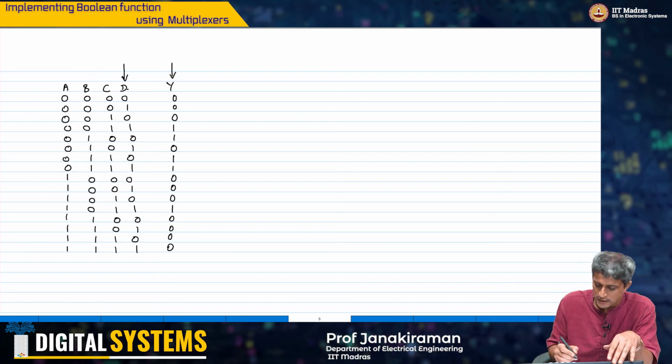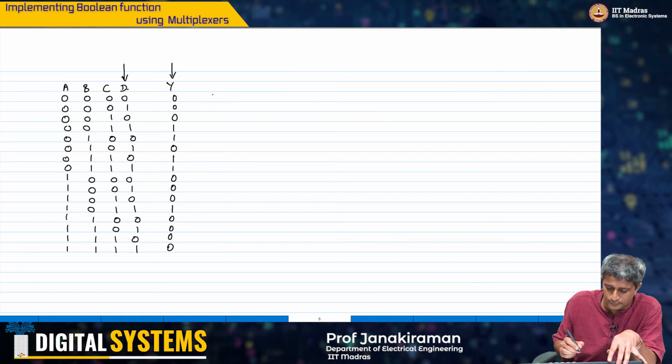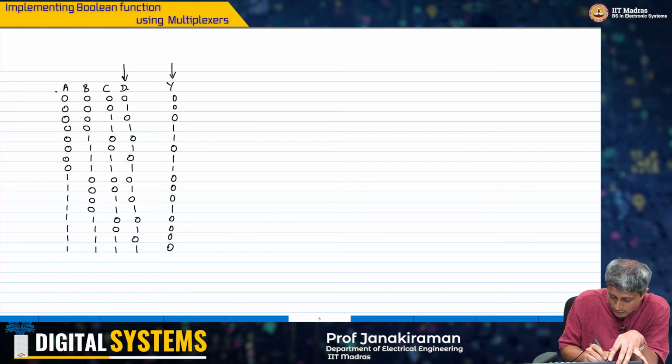Okay, so let us look at this. I am going to write this a little differently. So if you look at when A, B, C is 0, 0, 0, look at this combination.